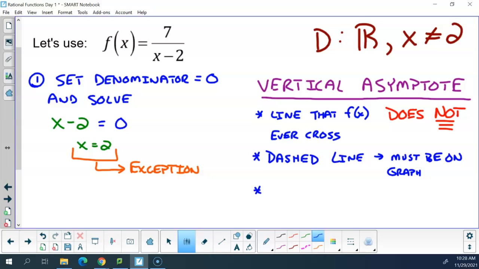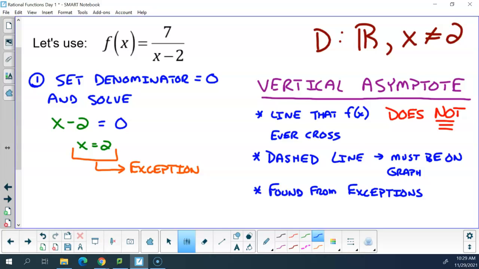We find what they are from our exceptions. Or our restrictions in the domain.